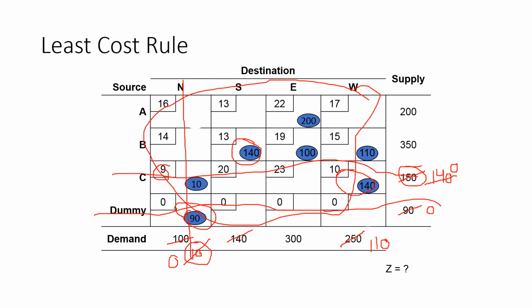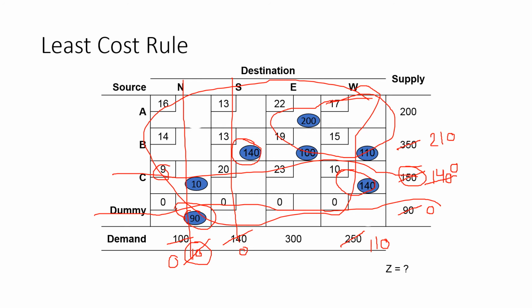So 140, this becomes 0, and this becomes I think 210. So I will remove this column. I'm left with those cells here only, and I will pick the minimum, and I repeat until I'm all done.